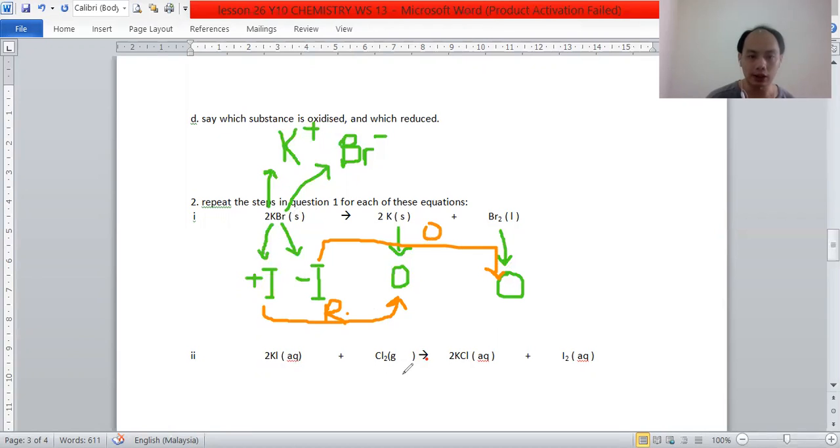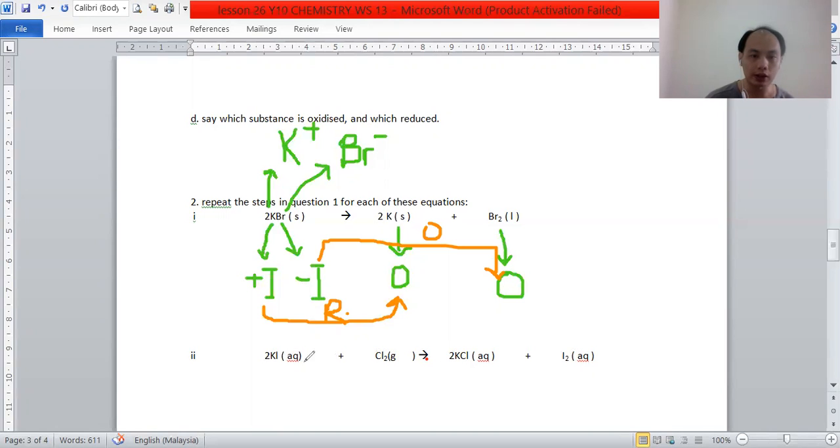Come to the last example: potassium iodide plus chlorine gas becomes potassium chloride plus iodine. This chemical equation is actually very simple. Chlorine is more reactive, so it tends to react and combine with potassium compared to iodine. Simply put, chlorine kicks out iodine and combines with potassium.